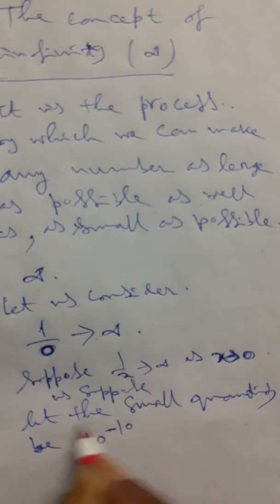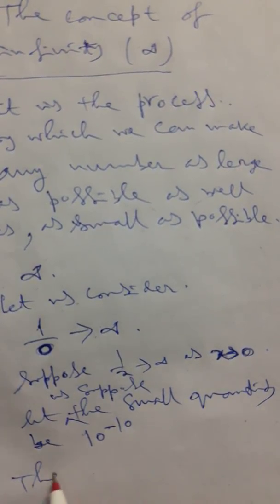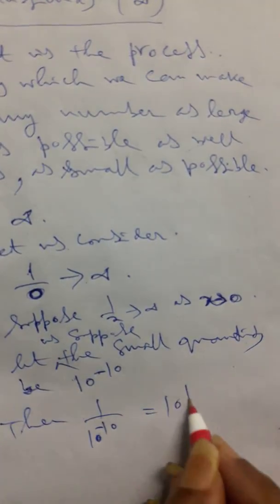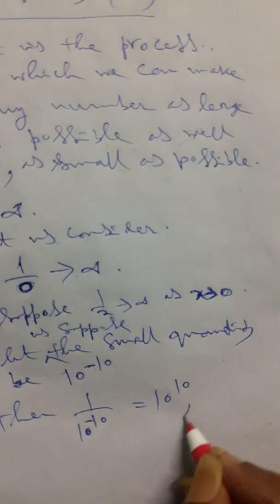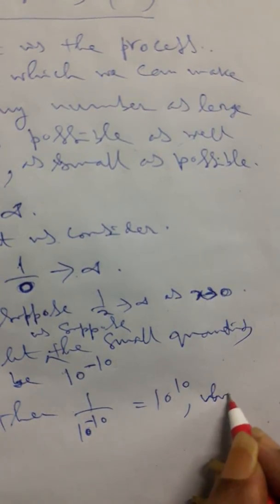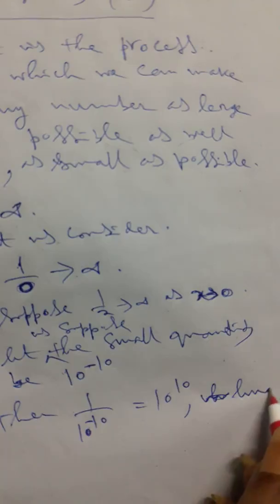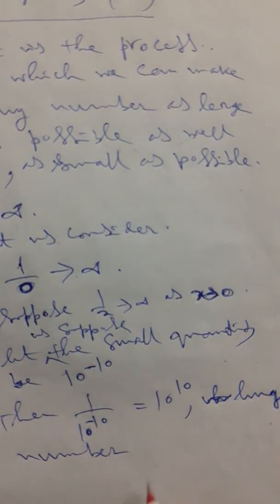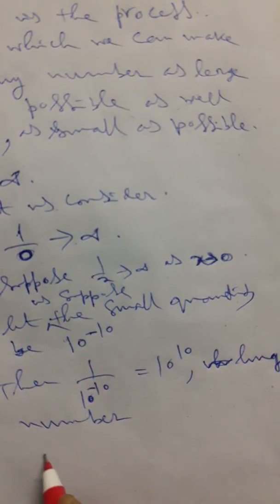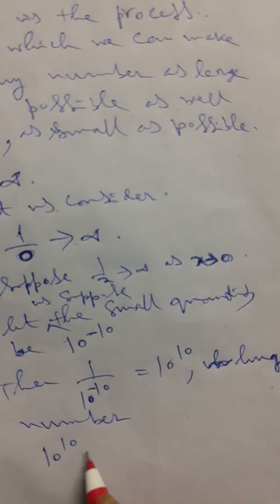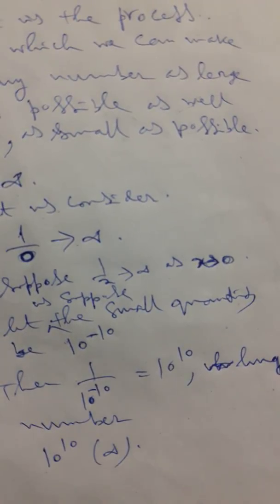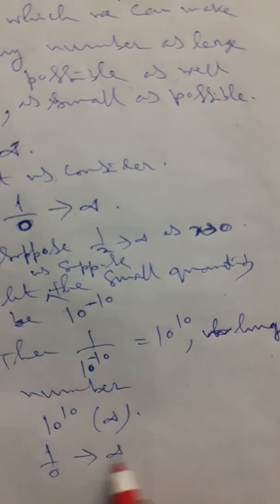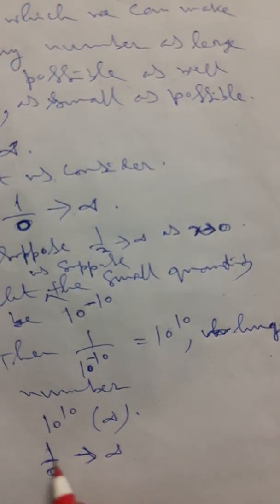Then 1 by 10 to the power minus 10 will be 10 to the power 10, which is a huge number. Suppose this 10 to the power 10 is called an infinity. So we can say 1 by 0 tends to infinity, that means 0 is near about 0.